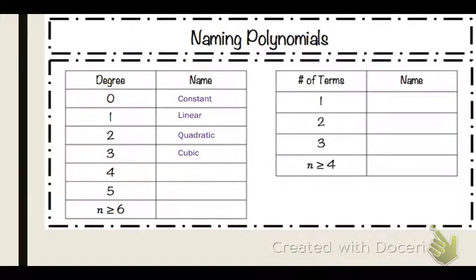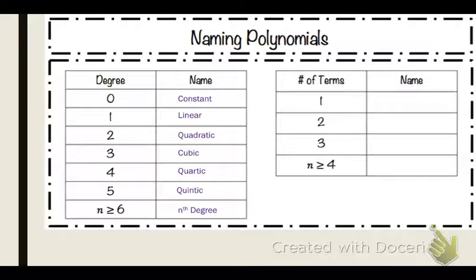Third is a cubic. Fourth is a quartic. Fifth is a quintic. And anything greater than that, we just say 6th degree, or 8th degree, or 12th degree. Whatever degree it may be. Just anything greater than 5, we don't give them names. They just are stuck with 7th, 8th, or 9th, or whatever it may be.